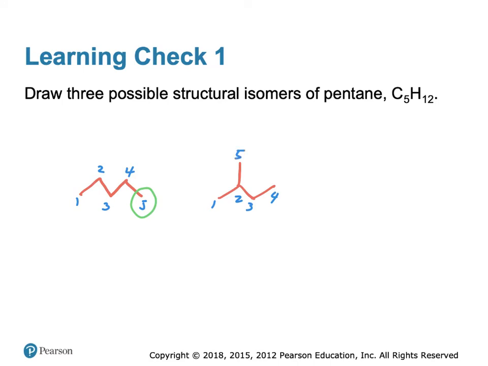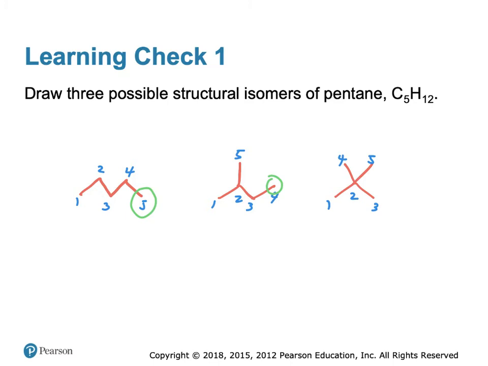All right, so now for the next structural isomer, I'm going to remove carbon 4. So now I'm only going to have a chain of 3, 1, 2, 3, and I am going to put 4 and 5 on that middle carbon. So 1, 2, 3, 4, 5.